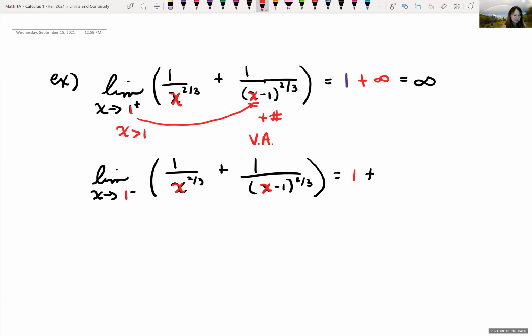And so again, I want to see if this is going to be a positive or a negative number. And so since I'm coming in from x to 1 on the left-hand side, I'm choosing values close to 1, but less than 1. And so a number less than 1 minus 1, this right here, this is going to give me, when I plug it in, a negative number.